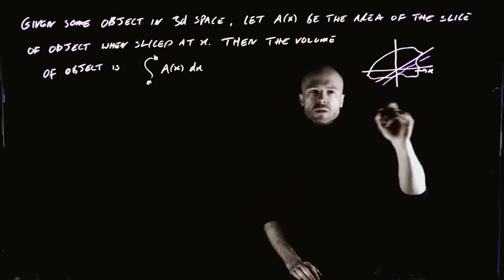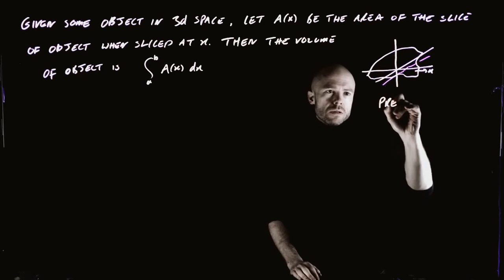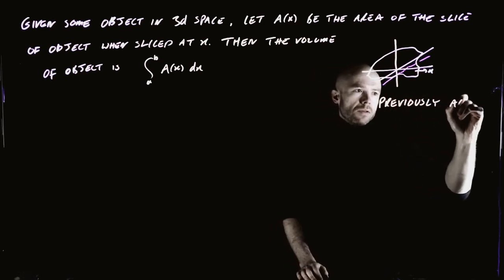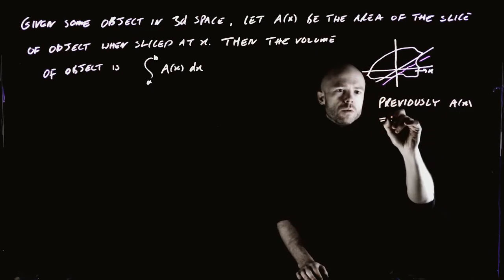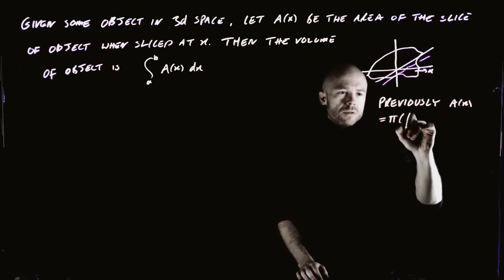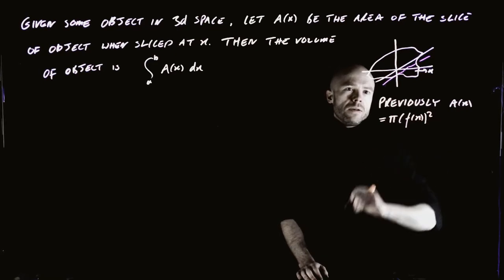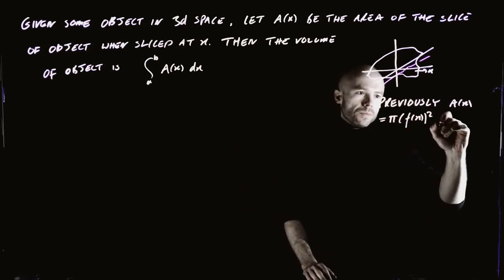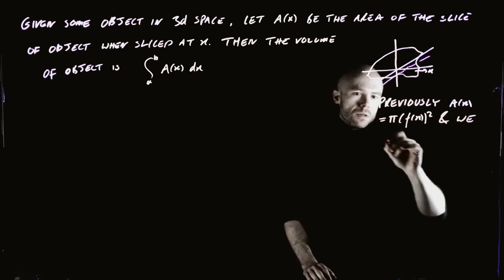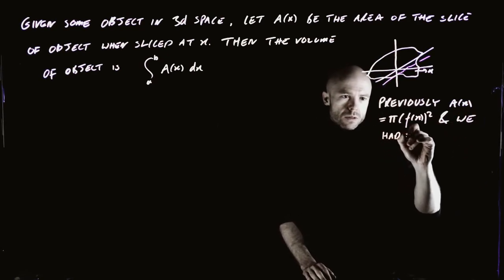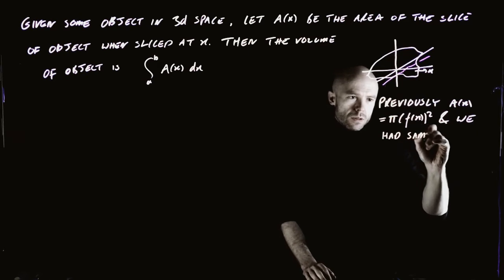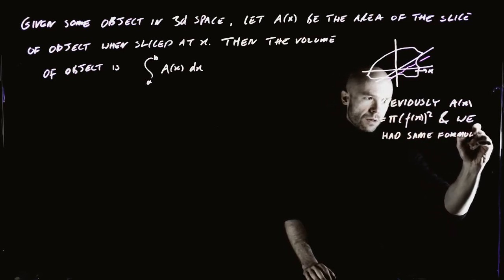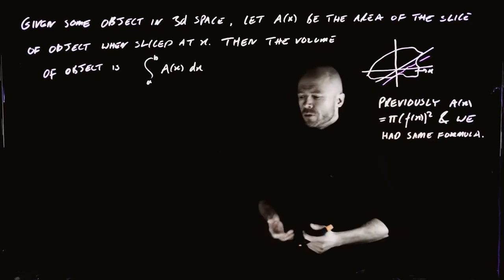So previously A of x was just equal to pi times f of x squared, and that was exactly the same formula. And the formula holds true for exactly the same reason.